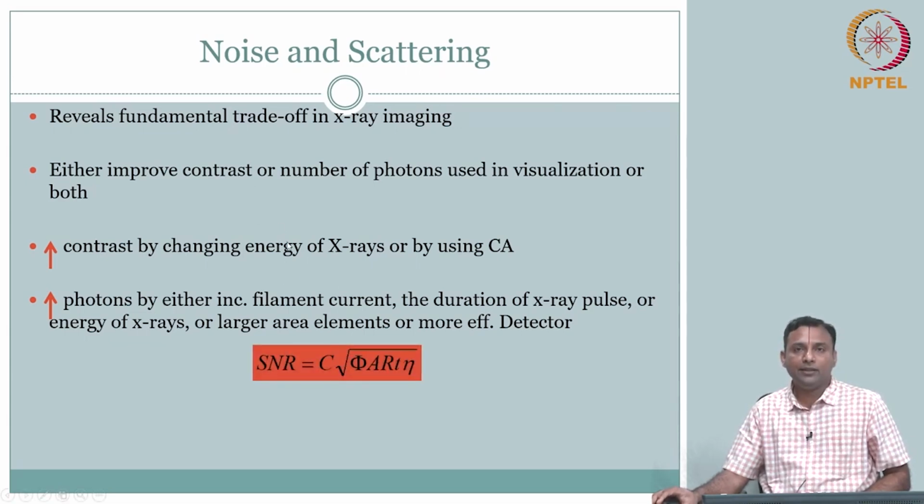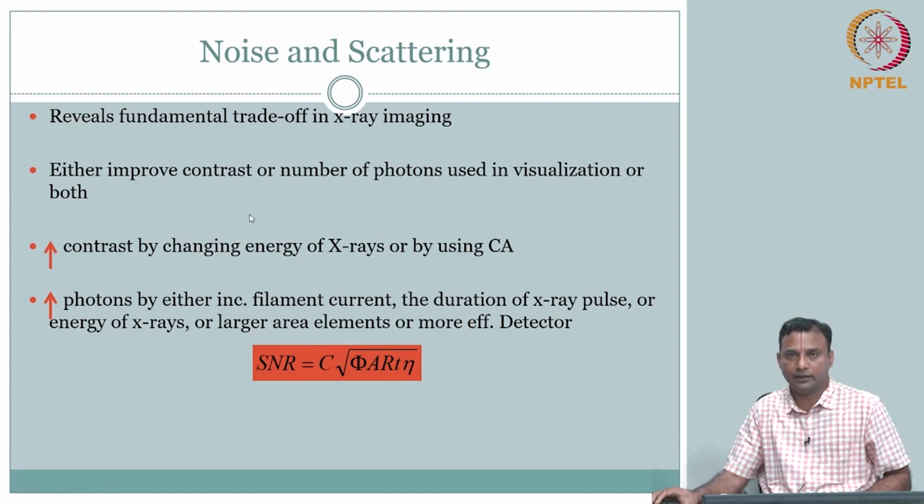So the idea is our signal to noise ratio is contrast over noise, we identify the noise, right, the number of photons NB, square root of NB, right. The number of photons can be affected by any of these factors. So instead of writing it as NB, we have written it in terms of all the factors that contribute to NB, right.